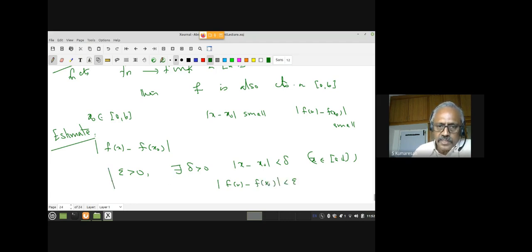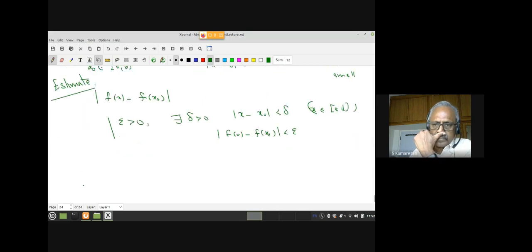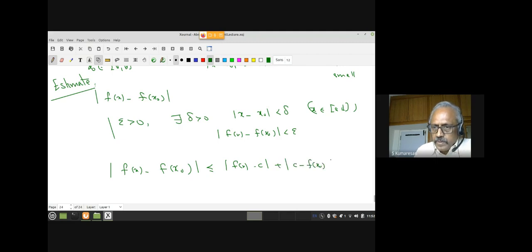This is a quantitative version, right? So what did I say just now? I have to find a c so that f x minus c plus c minus f x naught is less than epsilon. So I want this to be less than epsilon, therefore if I make sure this is less than epsilon by 2, this is less than epsilon by 2, it will work.